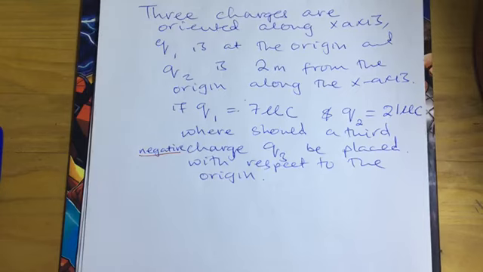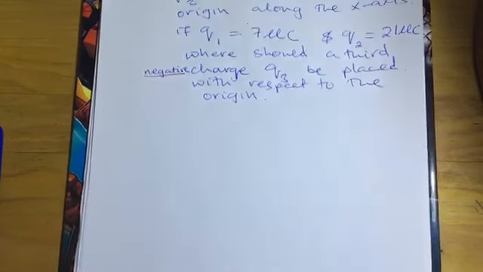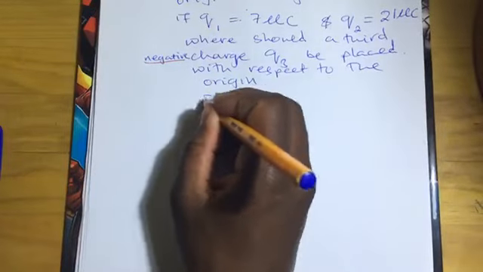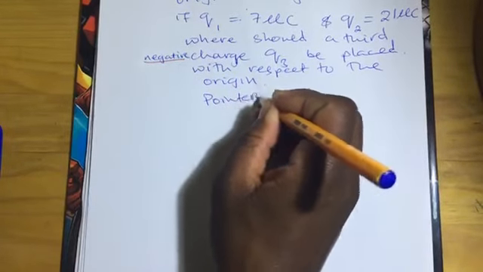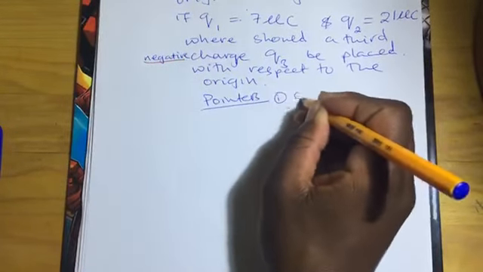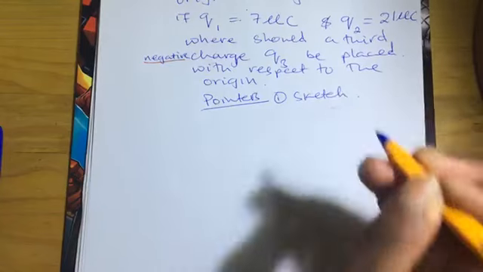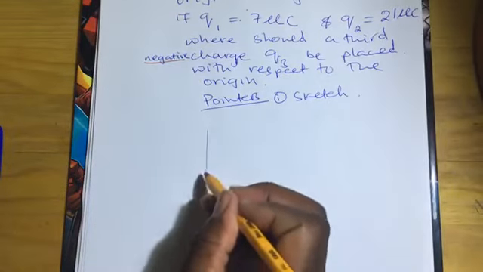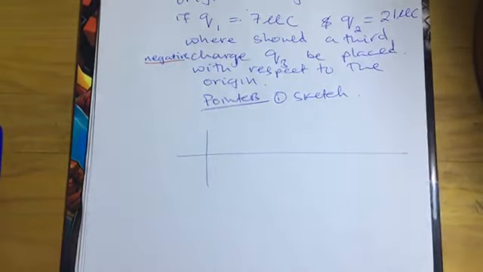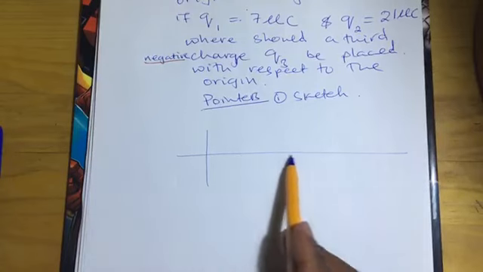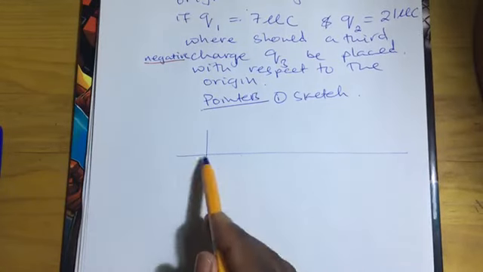Let's go. So the first pointer is going to be sketch. Now, we are going to make our own axis. The special thing is that everything is along the x-axis. This is our origin here.